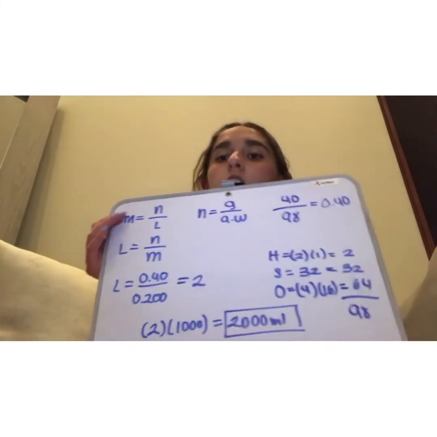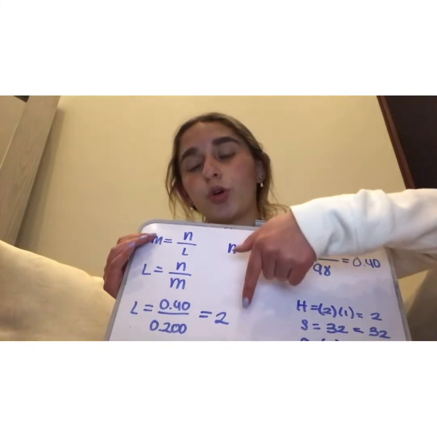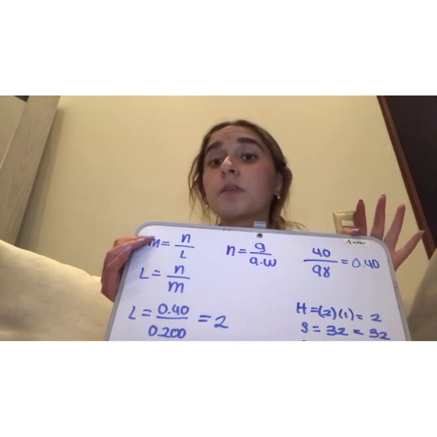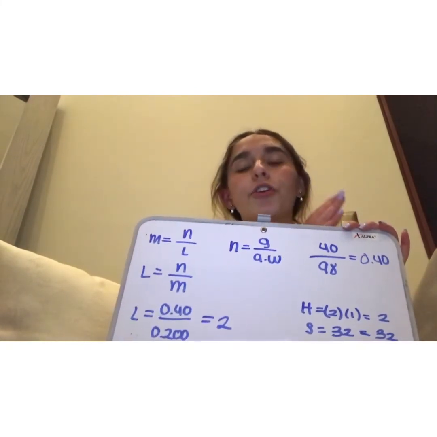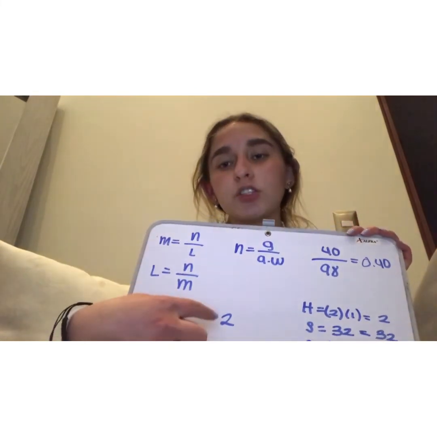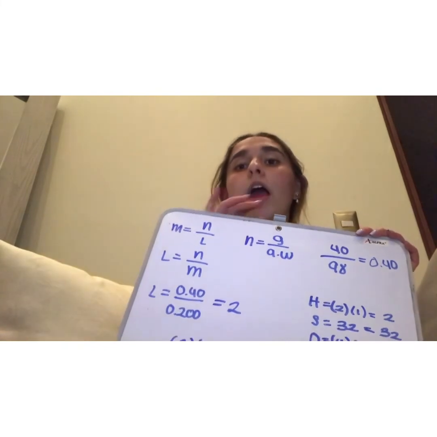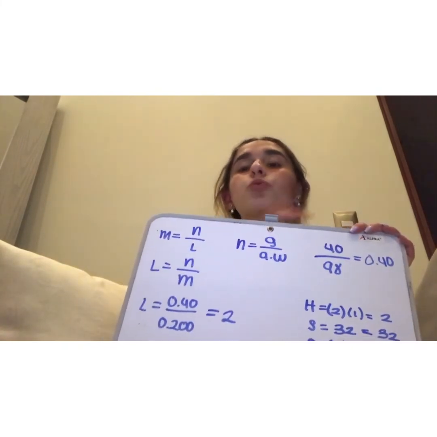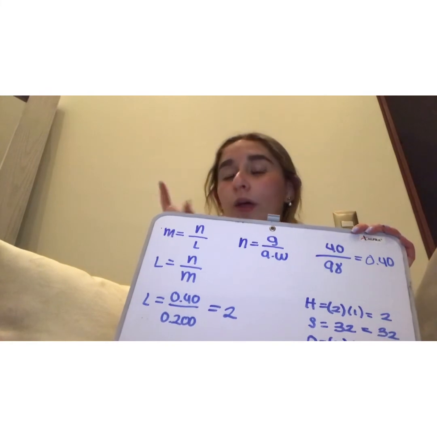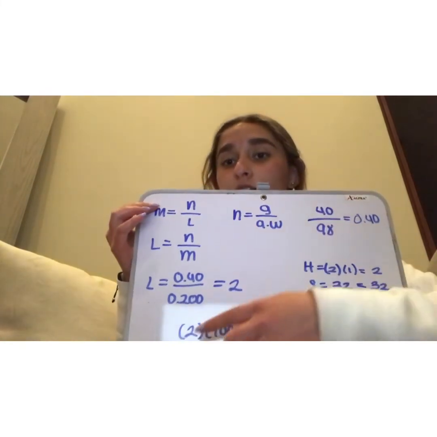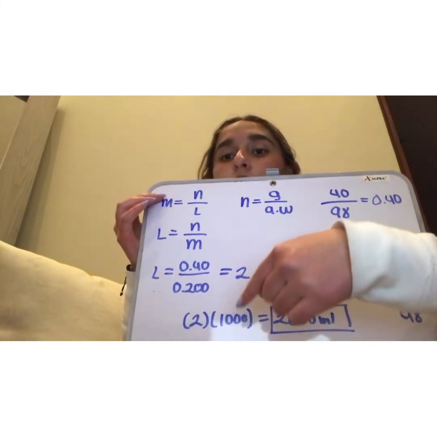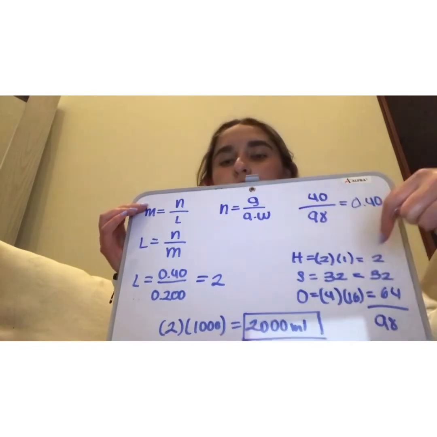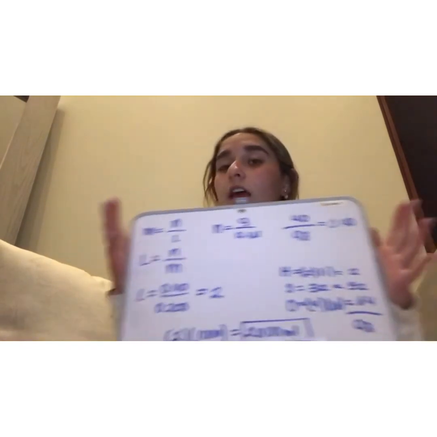The result of these two is about 2, okay? Now the problem is telling us that we need milliliters, not liters, because these two are liters. So to pass from liters to milliliters, we need to multiply by 1000. So we multiply 2 times 1000, that is equal to 2000 milliliters. And this is our third and final result.